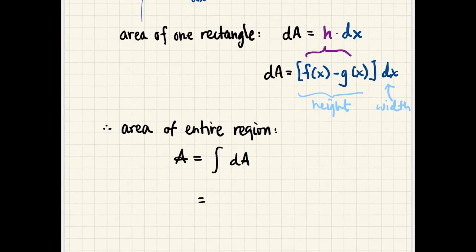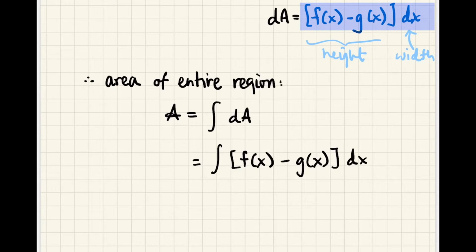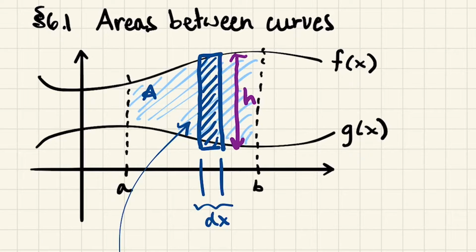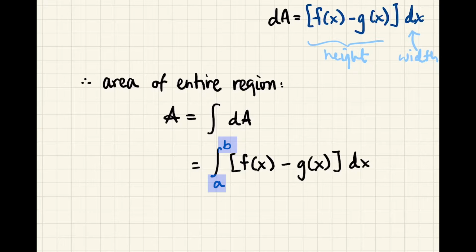Well, what are the dAs? That's the sum of the upper function minus the lower function dx. So where does it start? At x equal a and x equal b. Remember, the bounds of integration must match the variable of integration.